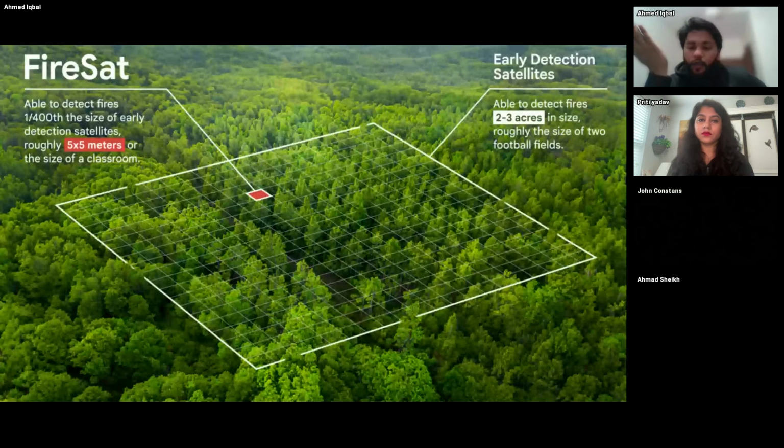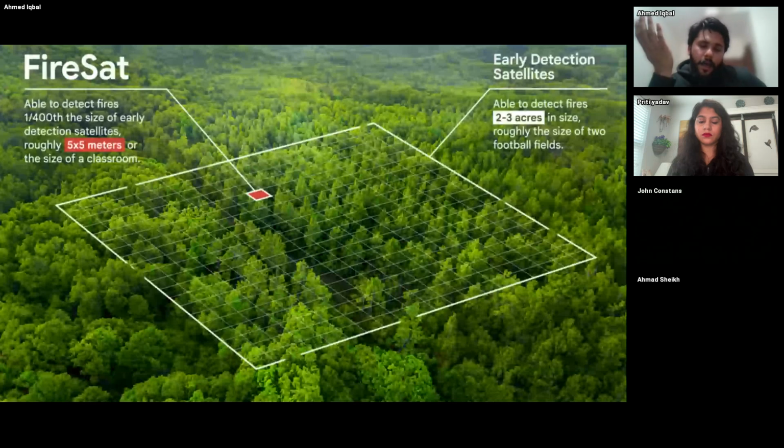where in 2025, there is a constellation of satellites which will give global coverage at a spatial resolution of, as you can see in this particular tile, 25 meters, the size of a classroom, which can be detected, and local authorities can be notified of a wildfire taking place in 13 minutes.